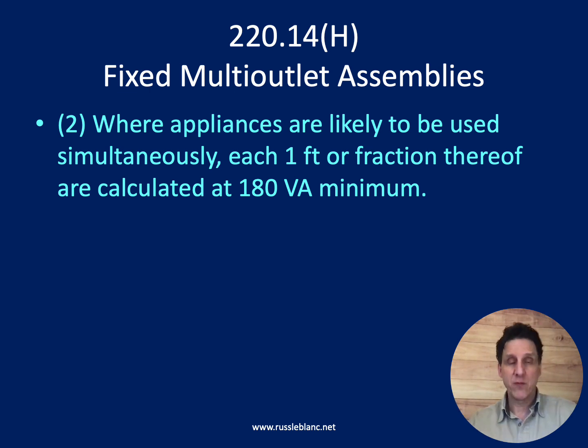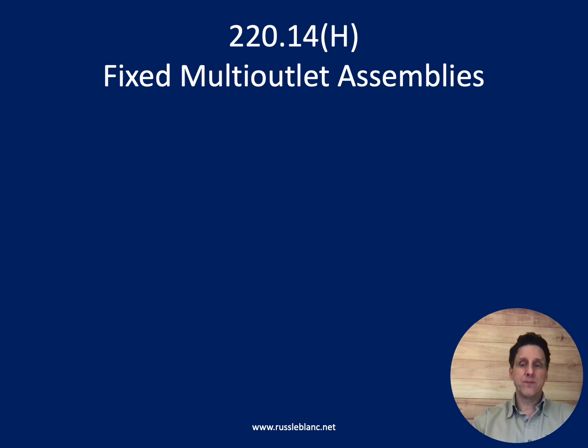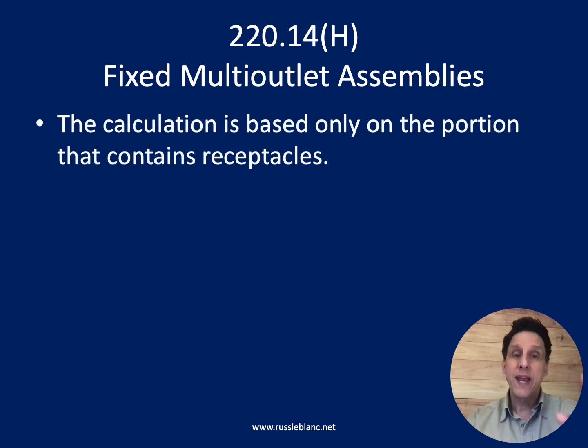That's not what it says. Paragraph 1 doesn't say that, and paragraph 2 doesn't say that. It says any fraction of 5 feet or any fraction of 1 foot gets calculated at another 180 volt-amps. That's what it says. And it also says that the calculation is based only on the portion that actually contains receptacles.